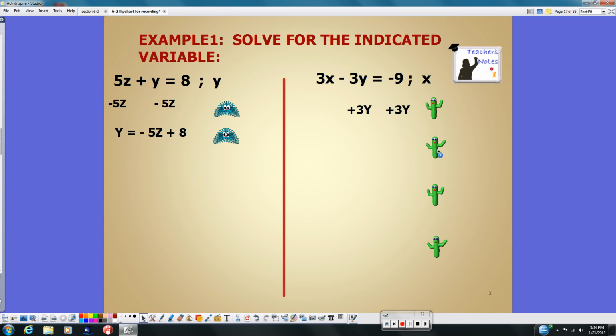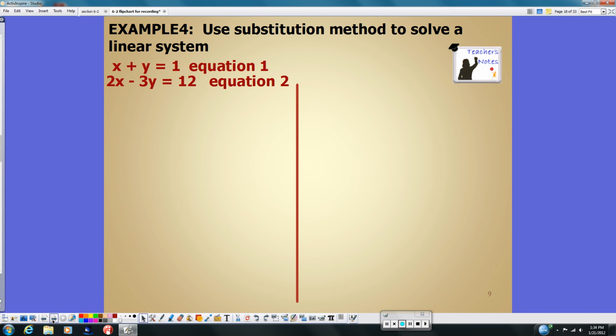Step 1, add 3y to both sides. Step 2, you have 3x equals 3y minus 9. Divide everything by 3, so 3x divided by 3, 3y divided by 3, and 9 divided by 3, to get x equals y minus 3. We'll need to use that in order to get our equations ready to use substitution.